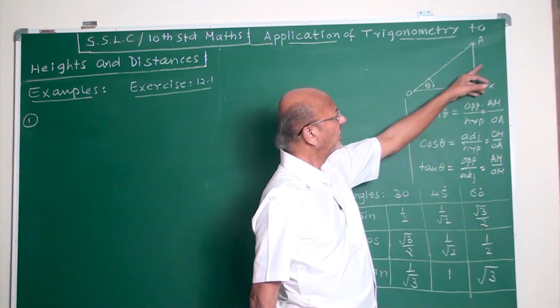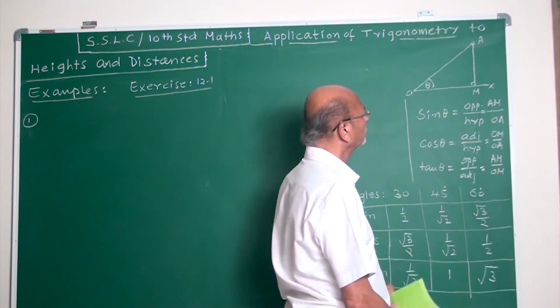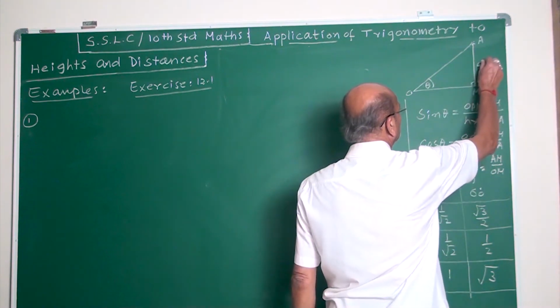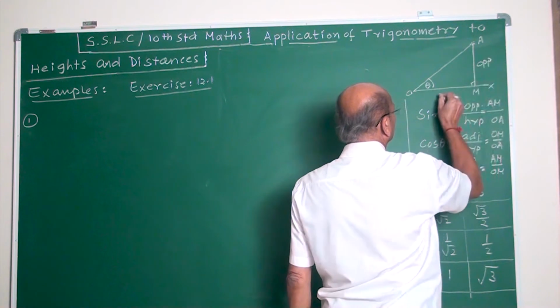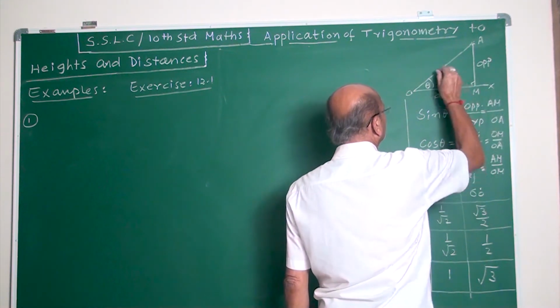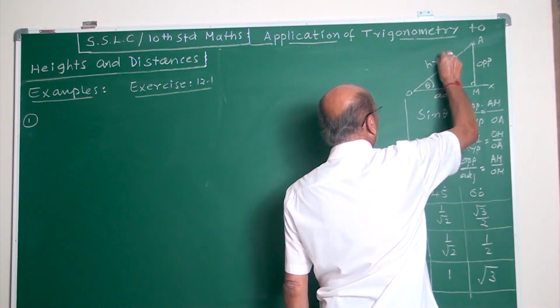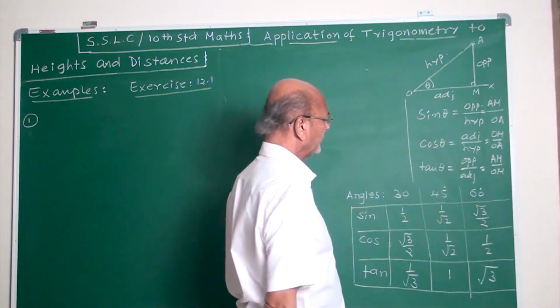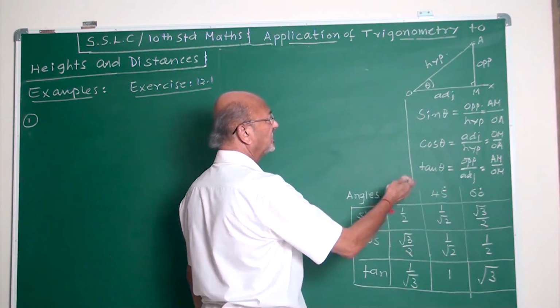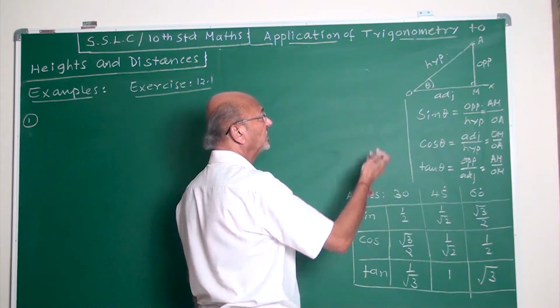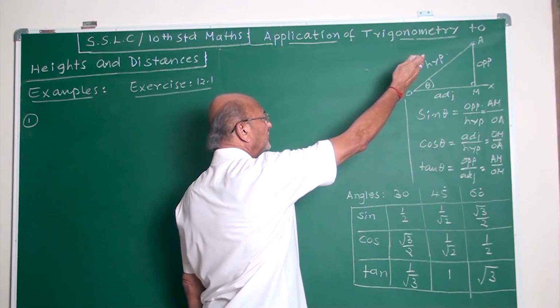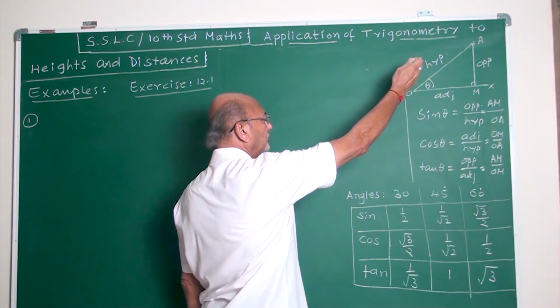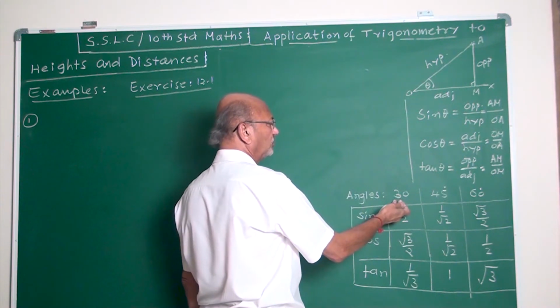Tan theta, opposite upon adjacent. This is opposite side, this is adjacent side, this is hypotenuse. Then different three angles made with the line of sight.